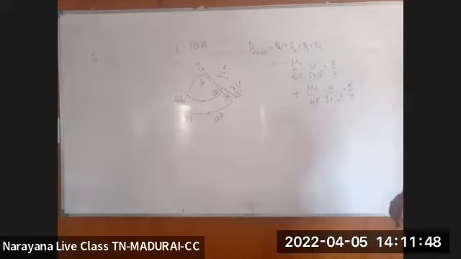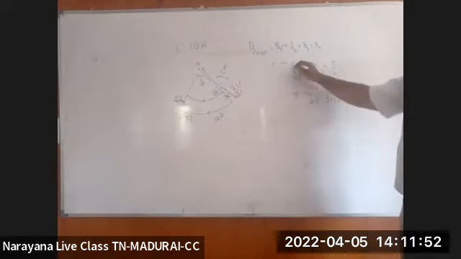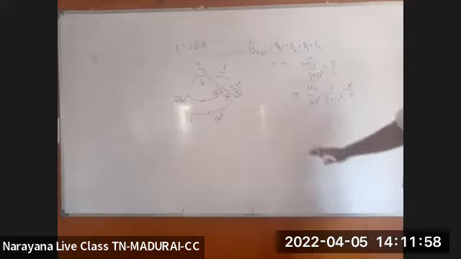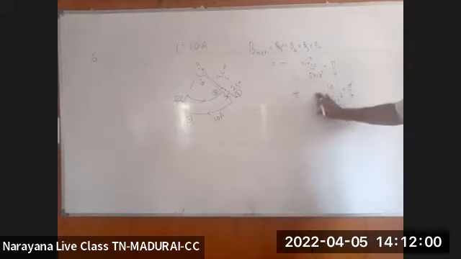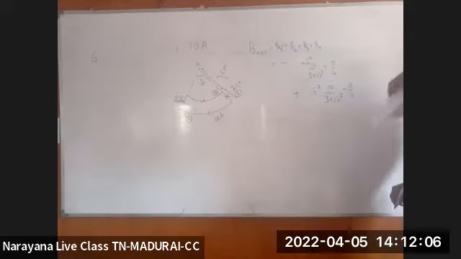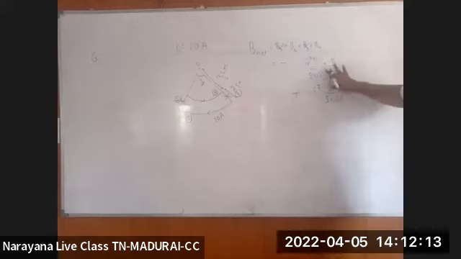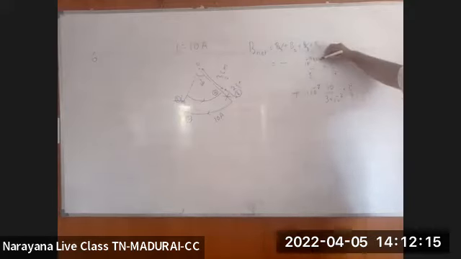Understood? Mu naught value how much here? 4 pi into 10 power minus 7. So 4 pi cancels out. Here also how much? 10 power minus 7. And if you simplify further, 10 power minus 7 plus 1 will come here. And the plus 2 will come upside.